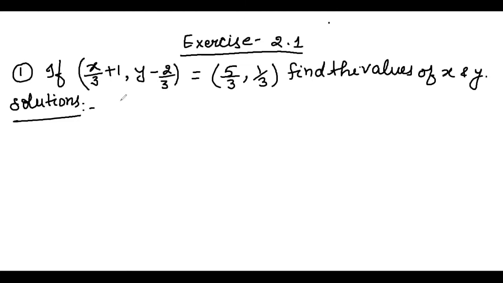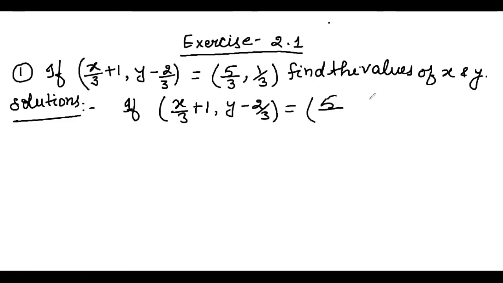Means if (x by 3 plus 1, y minus 2 by 3) is equal to (5 by 3, 1 by 3), then we can take it separately. Means x by 3 plus 1 is equal to 5 by 3, the position elements, and y minus 2 by 3 equals 1 by 3.